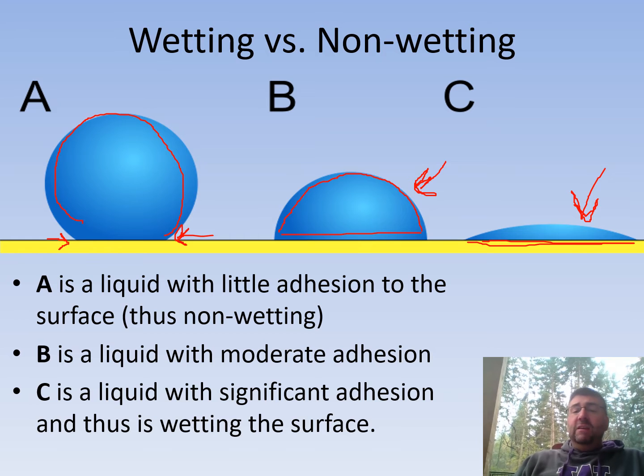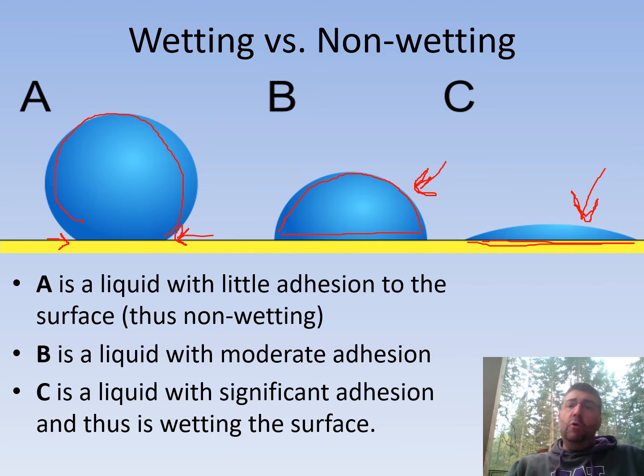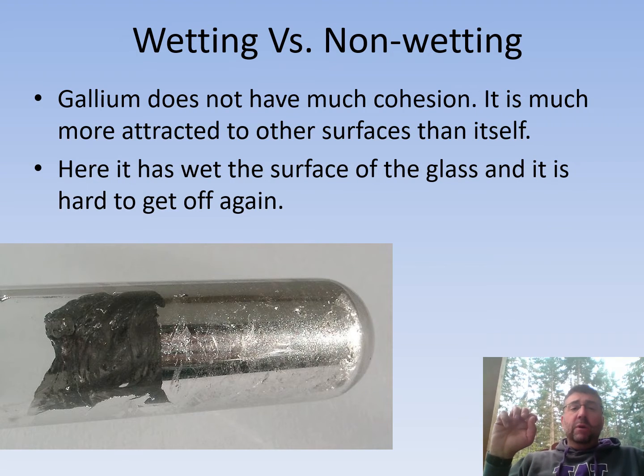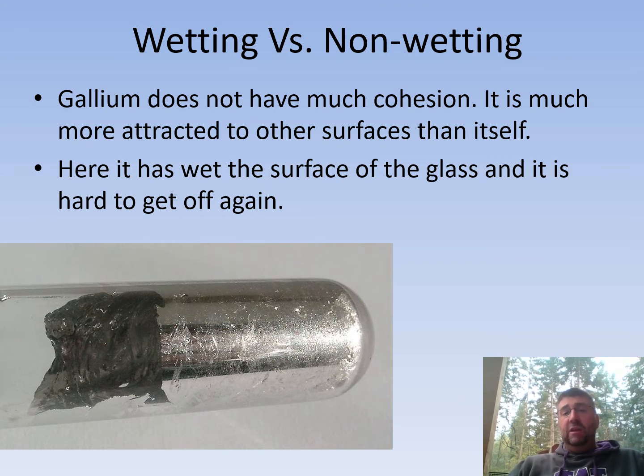We would say that C is definitely wetting the surface. It has high adhesion and it's coating the surface that it's on. So a wetting material is something that has high adhesion and will stick to the surfaces that it's on. A non-wetting substance is something that has low adhesion and does not stick to those surfaces.